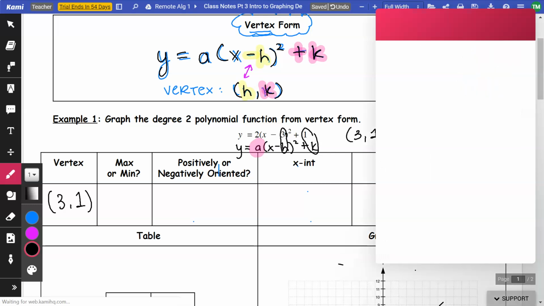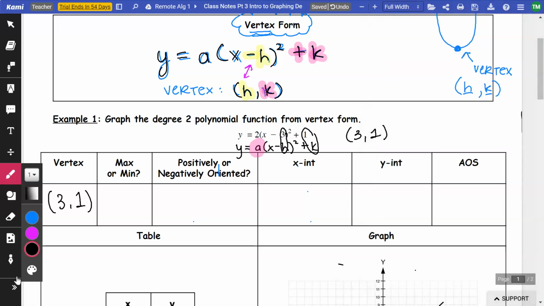I'm going to make a little note of that for myself over here. If a is positive, your parabola is going to face up. If a is negative, your parabola is going to face down. Because a here is a positive 2, I know that it's going to be facing up, which means it's positively oriented.